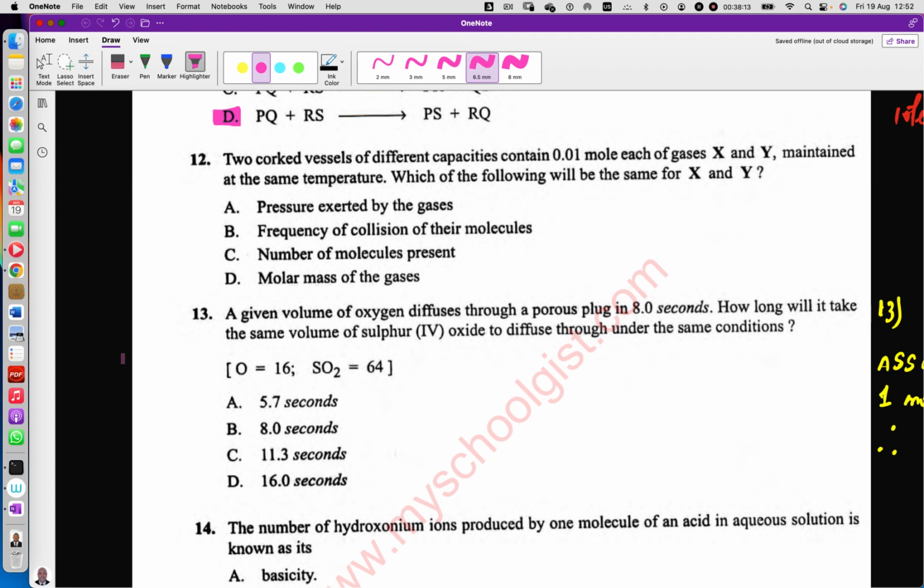So equal volumes of gases will contain the same number of molecules. And in that case, if they are containing the same number of molecules, I will say the answer is C. They are equal, they will contain the same number of molecules.